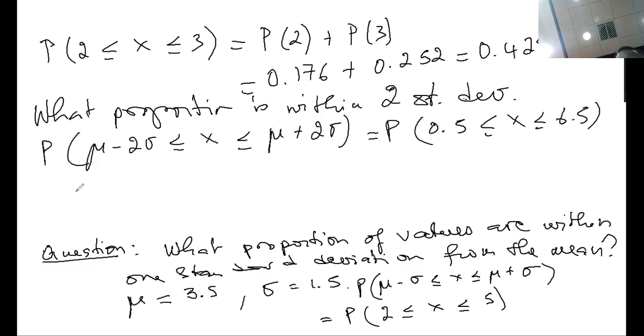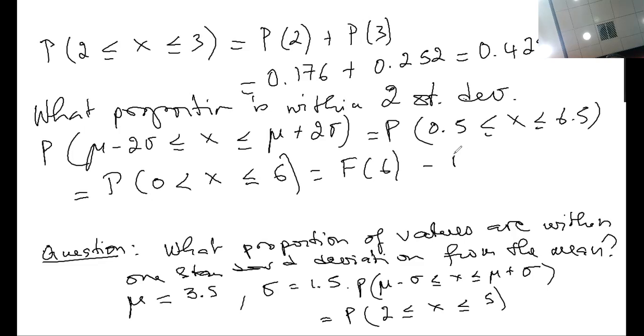So this is the same as the probability that 0 is less than or equal to x less than or equal to 6. It is F of 6 minus F of 0.